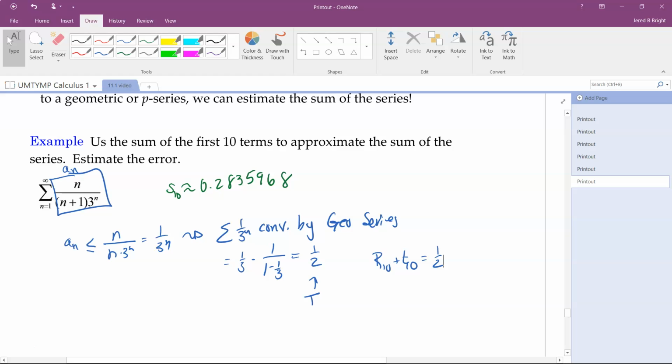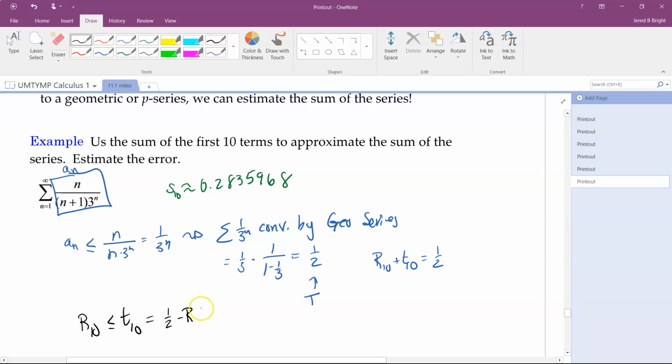If I'm trying to approximate the first 10 terms, or the error, R10, which corresponds to the A series, is going to be less than or equal to T10, which is equal to 1/2 minus the partial sum.